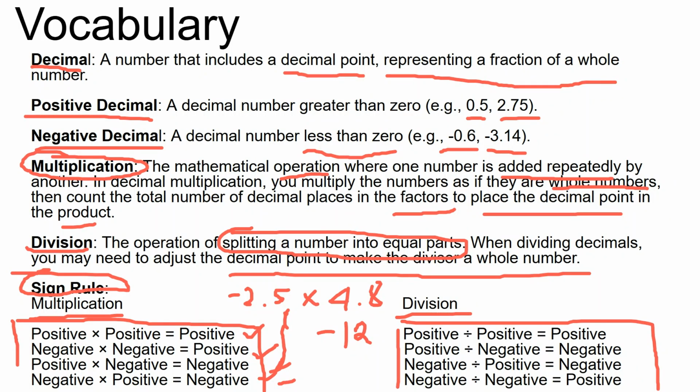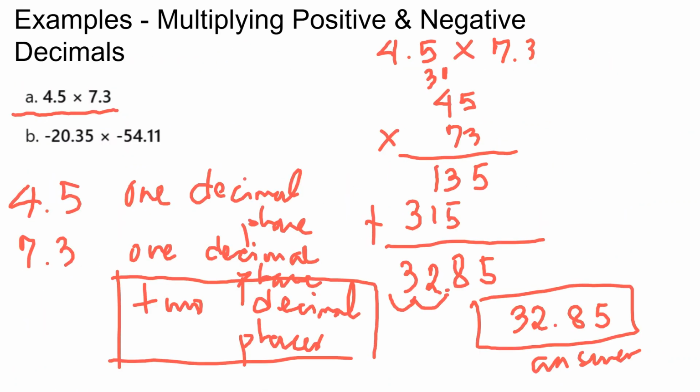Because both 4.5 and 7.3 are positive, and positive times positive is positive. The answer is also positive, which is 32.85.